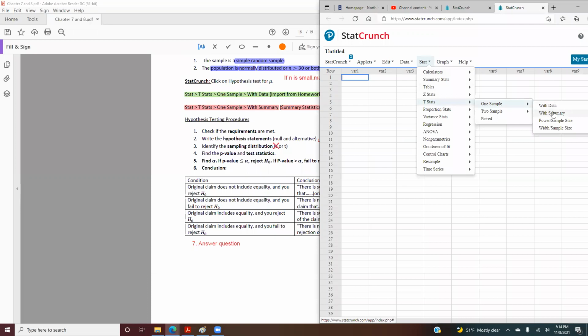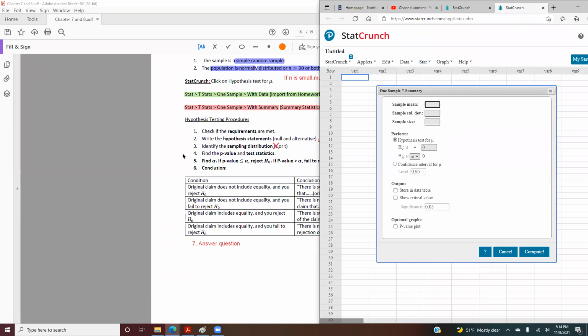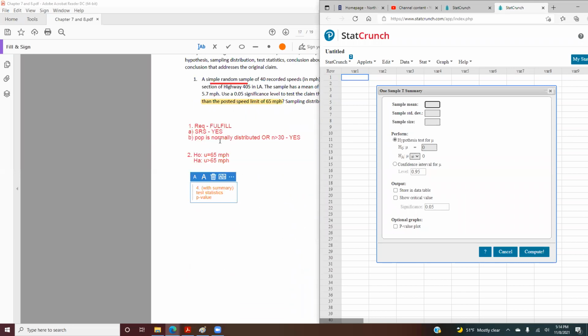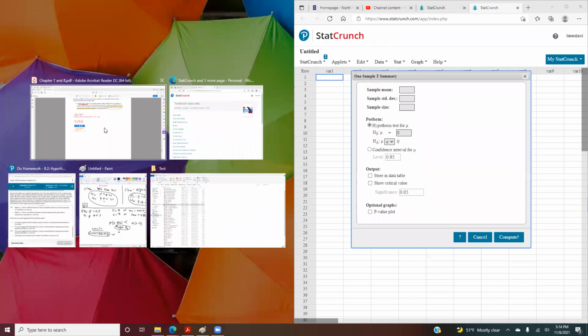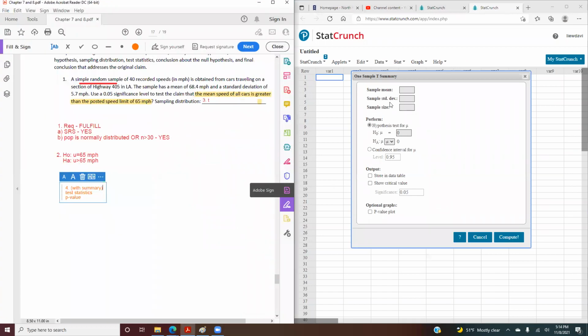So this is what you need to do for these questions. So they will ask you to put down this. Can you read this question and tell me what your sample mean is, what your sample standard deviation is, and sample size?